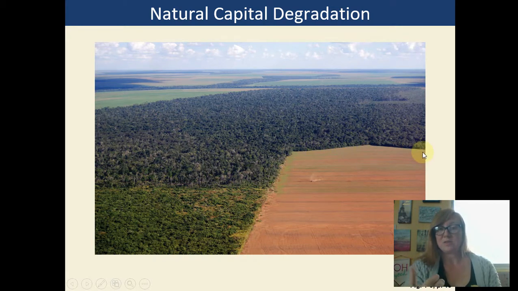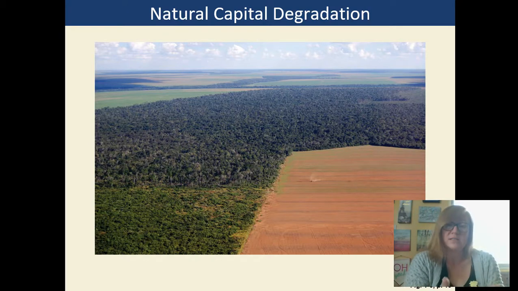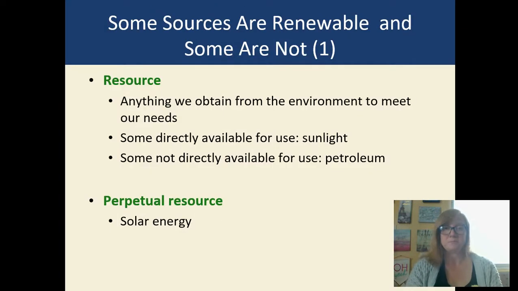We don't want to lose species of plants and animals and bacteria and fungi. And we want to make sure that these cycles are not disrupted through our farming. I'm just using farming as one example, we have to find practices that allow us to do these things, but also to stop the degradation of our natural capital.